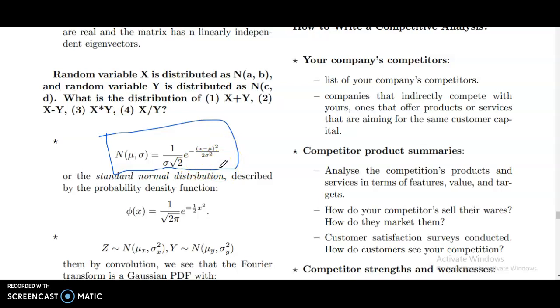This is the standard normal distribution, described by the probability density function.